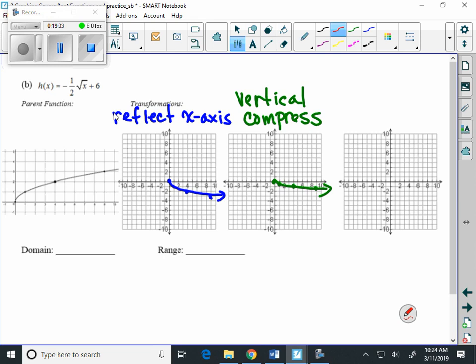And now we've got that last transformation, the plus 6, which is up 6. So we're going to move all of those points from our green graph up 6. 0, 0 becomes 0, 6. 1, negative 1/2 becomes 1, 5.5. 4, negative 1 becomes 4, 5.